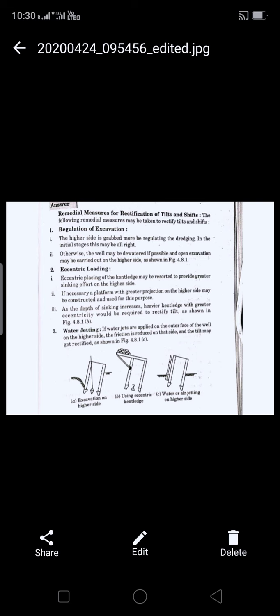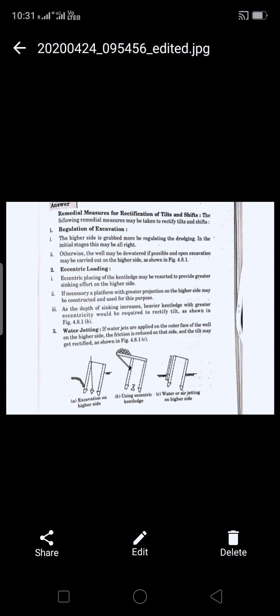Second one, eccentric loading. In the case of eccentric loading, we put the pressure on one side of the well and revolve the well back to its original position. And the third case is water or air jetting. If water or air jets are applied on the outer face of the well on the higher side, the friction is reduced on that side and the tilt may get rectified.